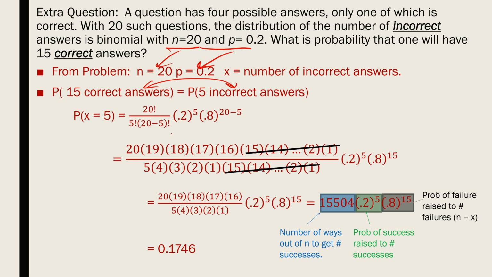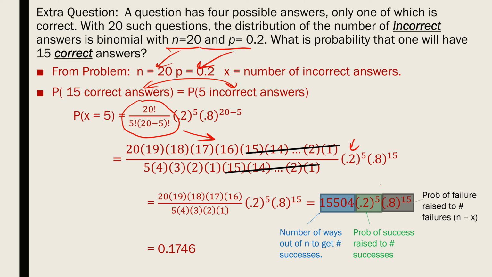So we use the binomial equation again. This ratio should be calculated in this way. And the last 2 parts, as you can see, the product from number 15 to 1 cancels out. And 0.2 here is the probability of 1 success.